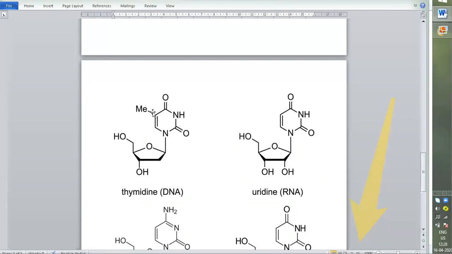If the methyl group is not present, it is uridine, but we have to say deoxyuridine, because the hydroxy group is not present and the methyl group is also not present. But here the methyl group is added, so this is called deoxythymidine, or we can say a thymidine molecule.